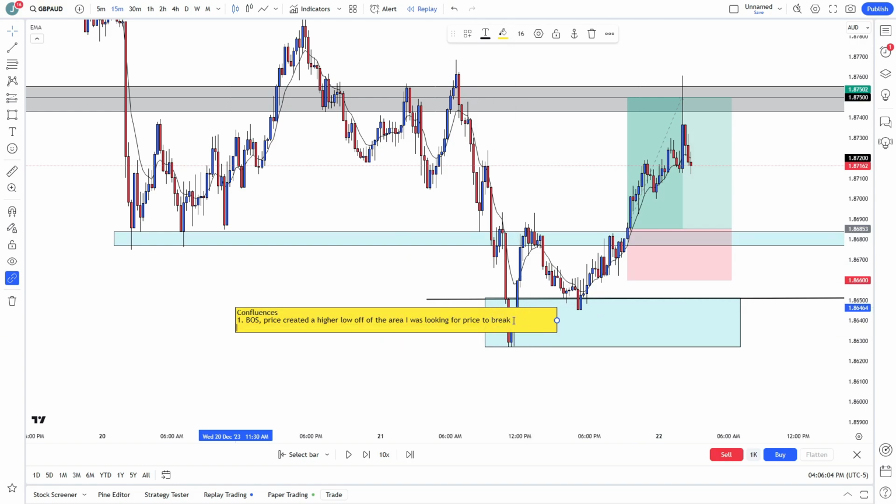Looking for a break. 2. See the moving average. Third confluence we could see is bounce off support, we could say.